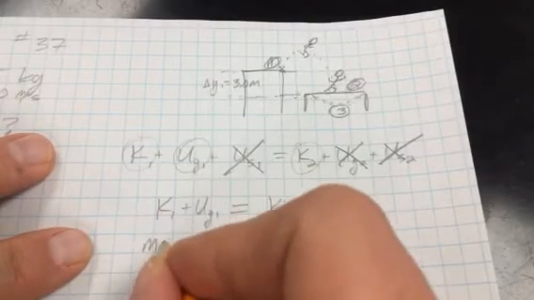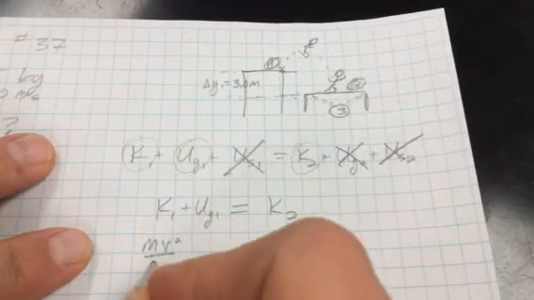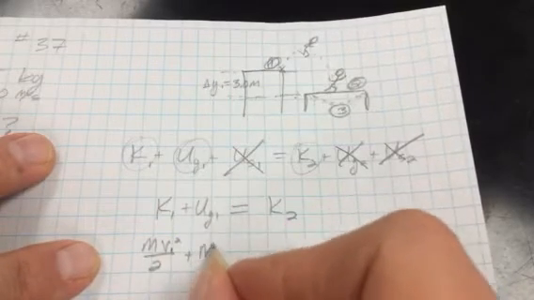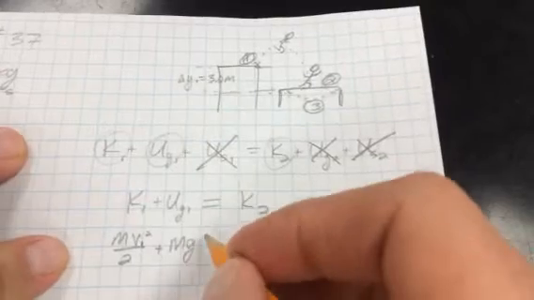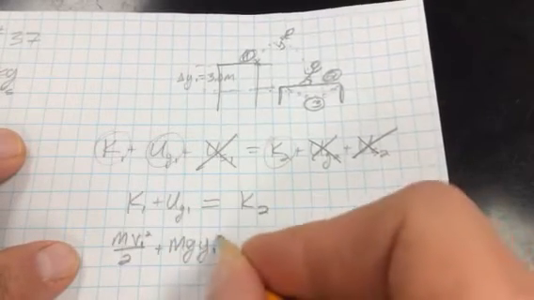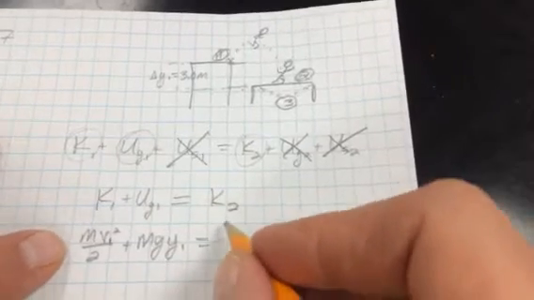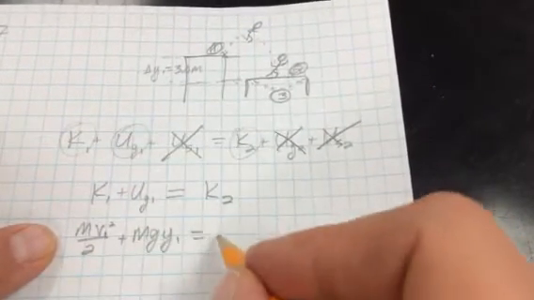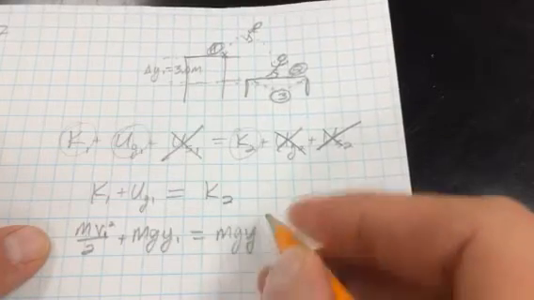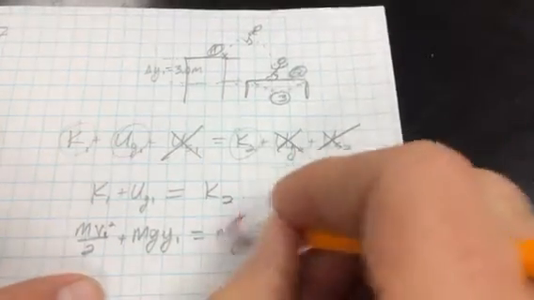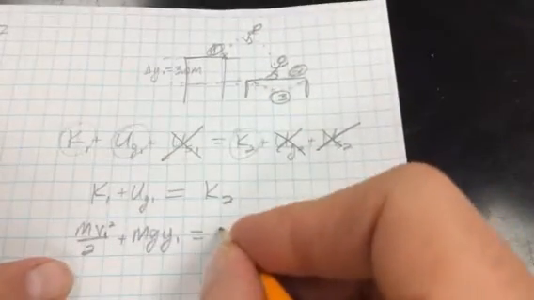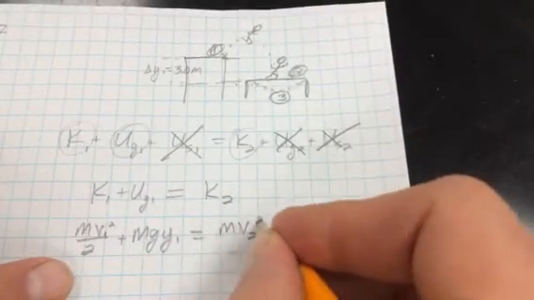The equation for kinetic energy is mv squared over 2, and that's at point 1. The expression for potential energy is mg times whatever the y position is at point 1, and all of that energy is going to change into kinetic energy at point 2.